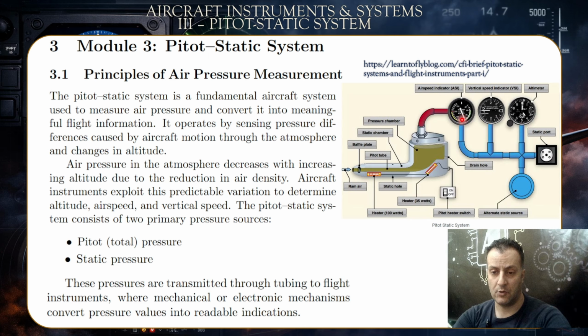Okay, so as we see here in the pitot tube, you have the ram air entering through that tube, and a baffle plate, like the eardrum somewhat. It's conducted inwardly. You have a heater. By the way, why is the heater, which is in both locations here, at 100 watts and at 35 watts, necessary?